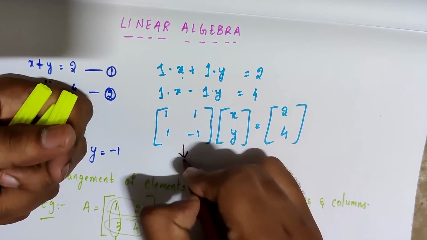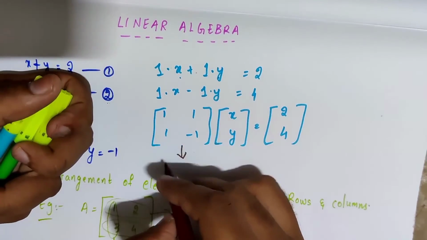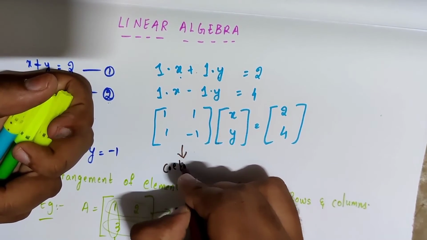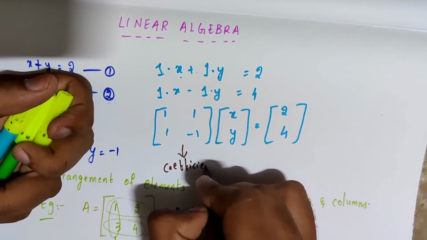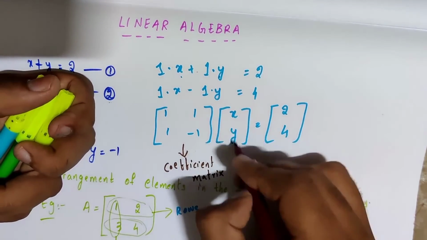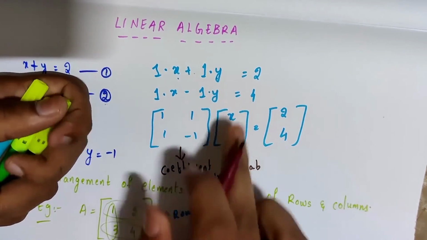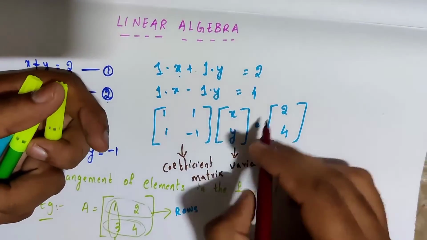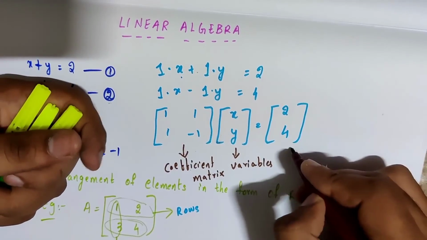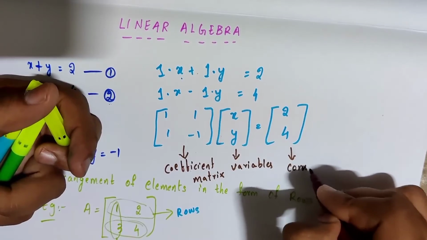The matrix which is fully comprised of coefficients is known as the coefficient matrix. And this is known as the variable matrix, since it is the matrix comprised of variables, right? And this is known as the constant matrix, since it is a matrix where constants are present.